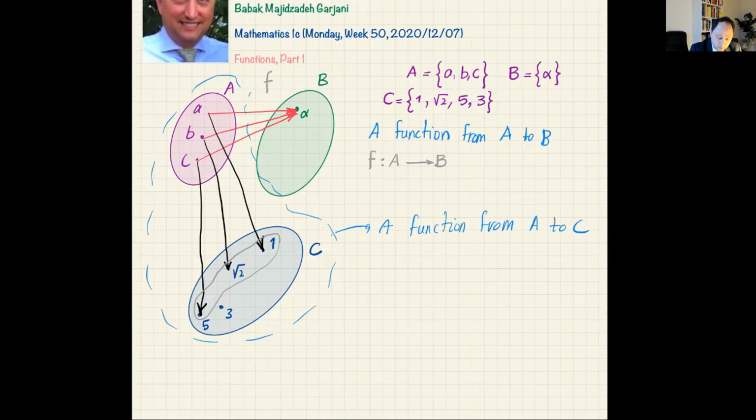But for this function, for example, from A to C, I can give another letter to it. Usually we denote it, for example, by English letters f, g, h, and so forth. So here I can write that g is a function with domain A, but its codomain is C. Okay?